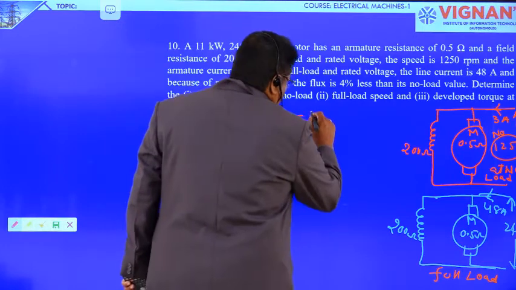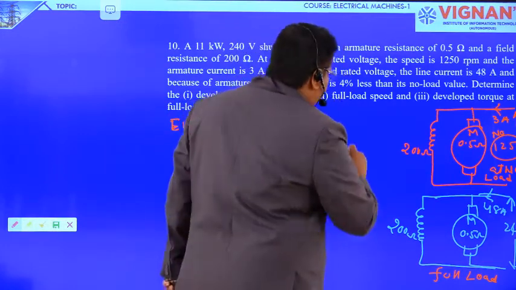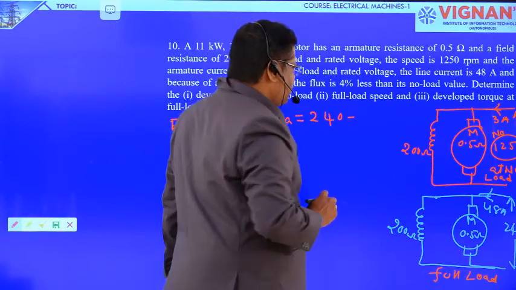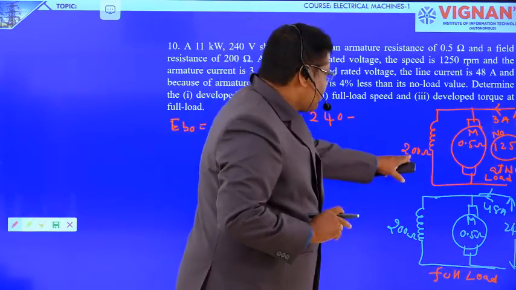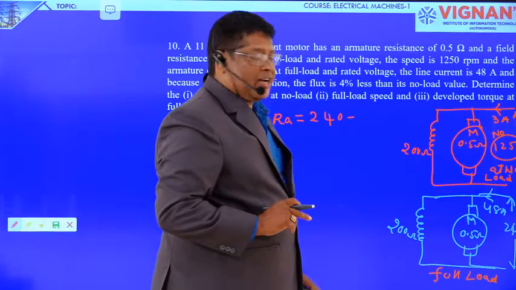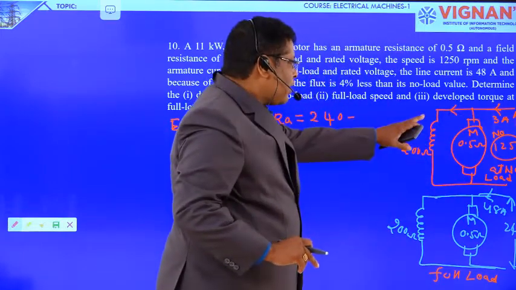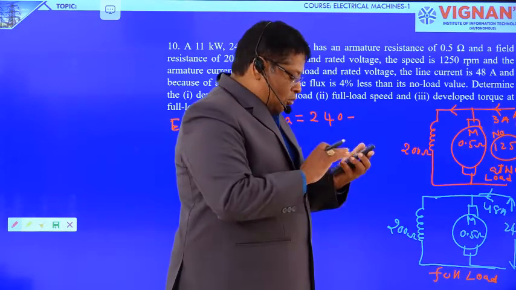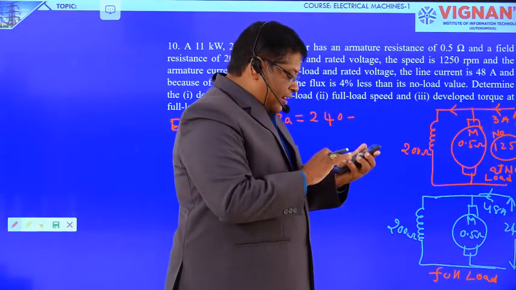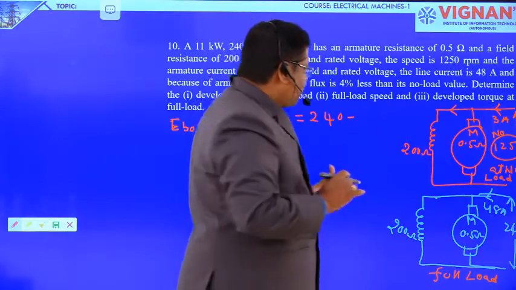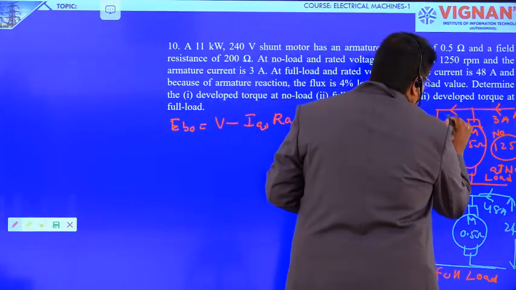So here, 240 minus I_a0. You have to calculate the shunt field current. 240 volts you are applying, so 240 divided by 200 is equal to 1.2 amperes of current flowing here.